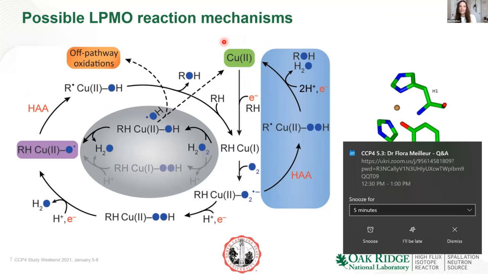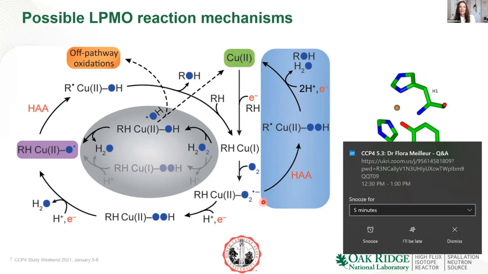In the resting state, the copper is found in the redox state 2, and upon reduction by 1 electron, copper 1 has high affinity for molecular dioxygen. The copper is reoxidized, forming this superoxide species. So these first couple of steps are unquestioned, but what happens next is really the question.